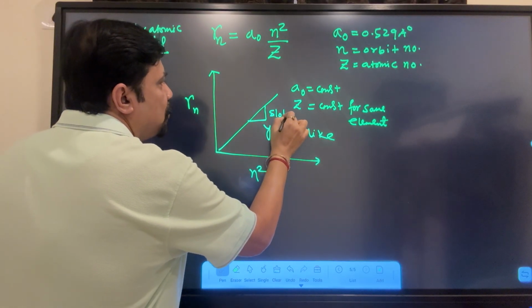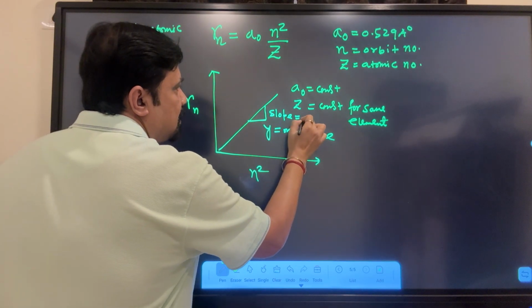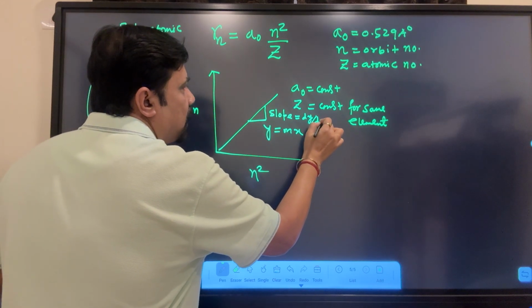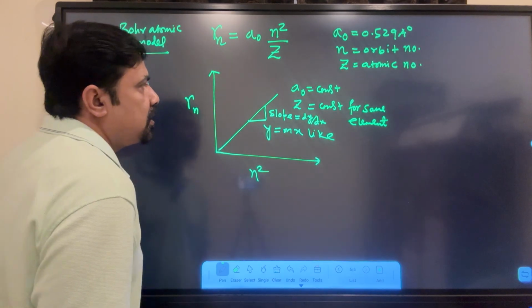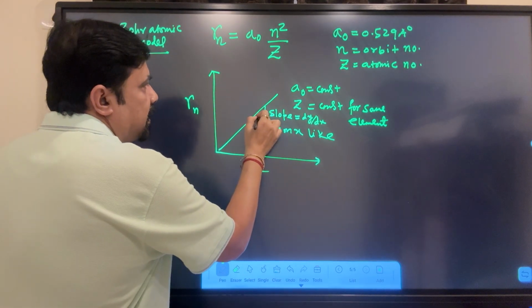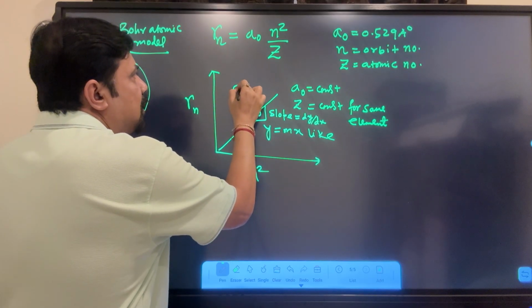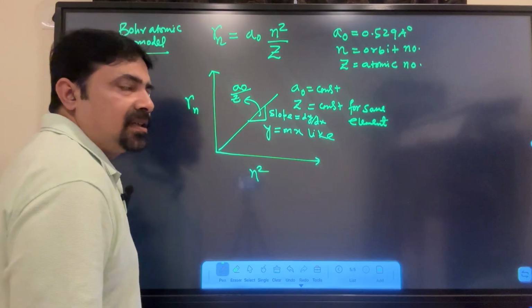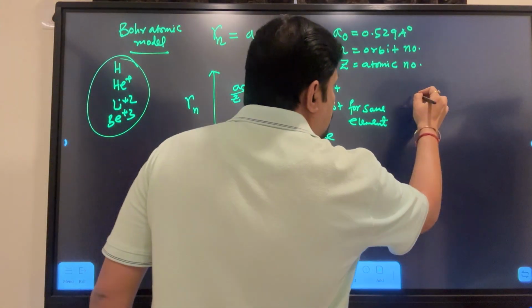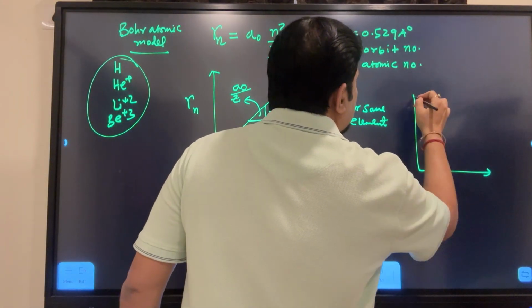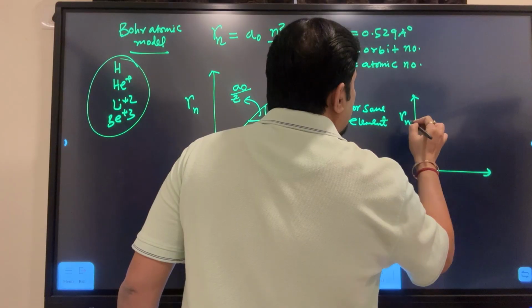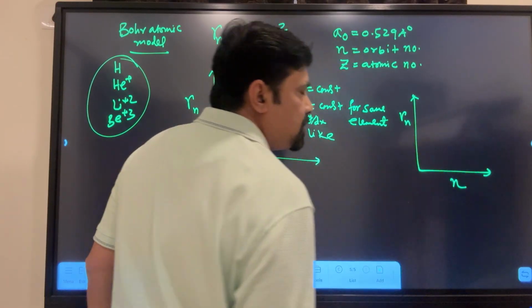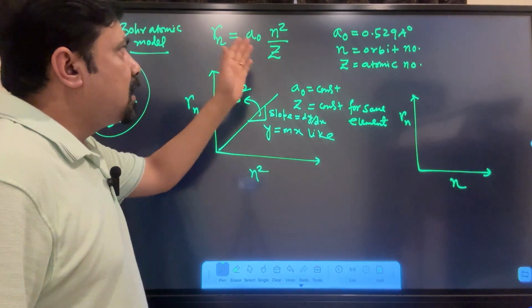Slope equals dy by dx, that means y2 minus y1 by x2 minus x1. Here the slope is a naught by Z. Is it clear? Now if I make a plot of Rn versus n, what will be the nature of the plot?